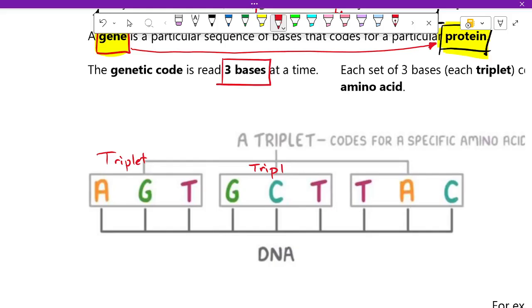Triplet, triplet, triplet. Now I'm actually going to go a little bit off script here. We're going to just rewrite this down here.